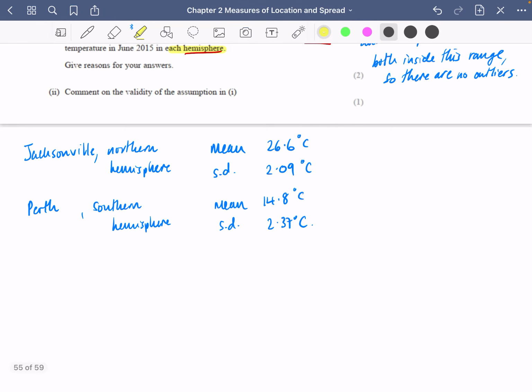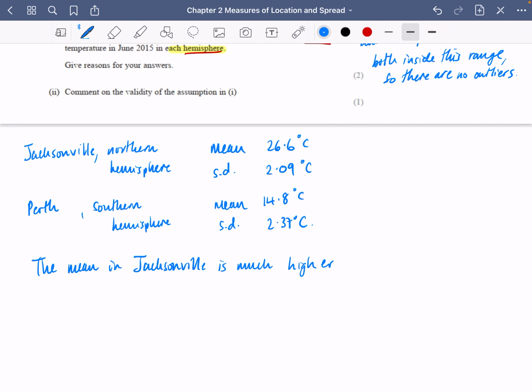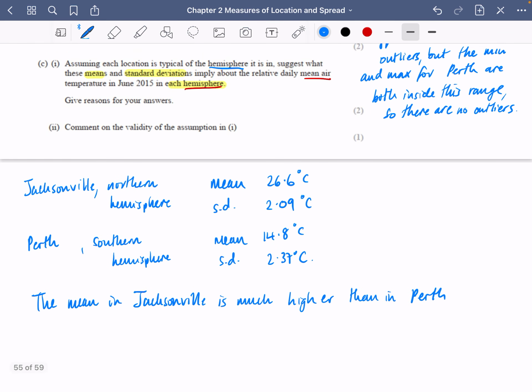So let's have a look at the means to begin with. The mean in Jacksonville is much higher. 26.6 is much higher than 14.8, is much higher than in Perth. And what does this say? It says, suggest what this means about the temperature in each hemisphere.